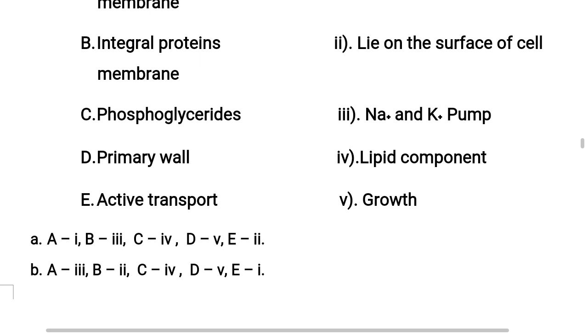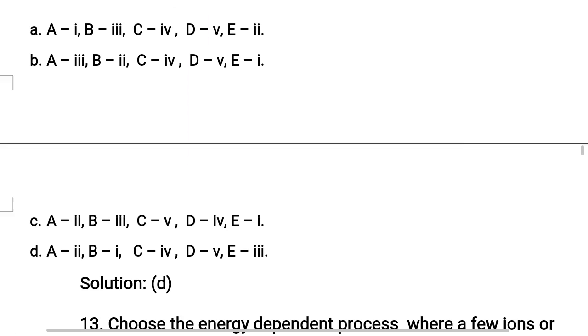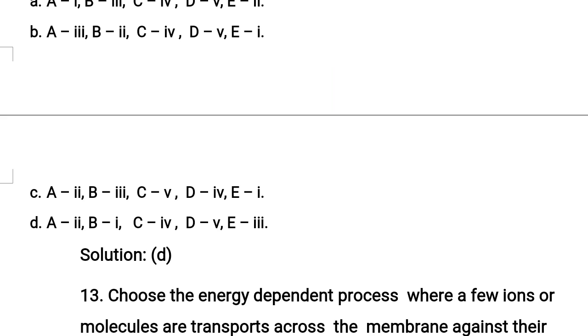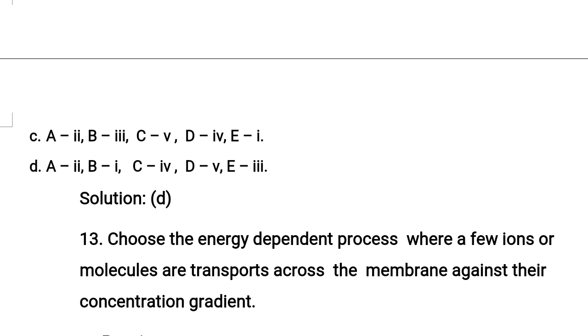Since energy is required, this process is called active transport, and the method is an energy dependent process. Understand? So the correct option for this question is option D. A is matching with Roman number 2, B is matching with Roman number 1, C is matching with Roman number 4, D is matching with Roman number 5, E is matching with Roman number 3.